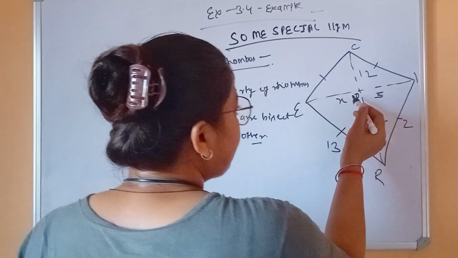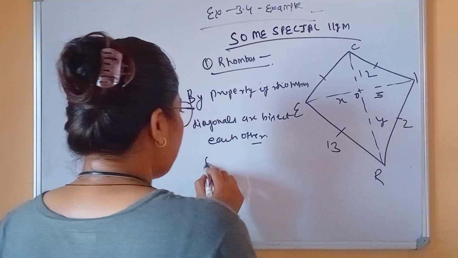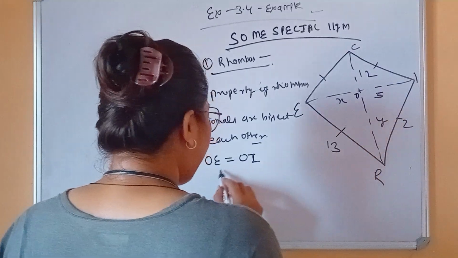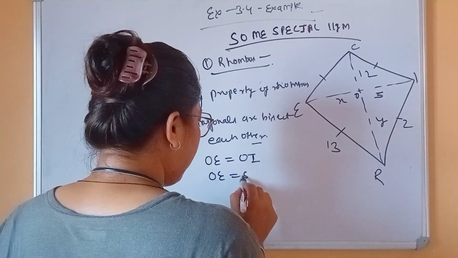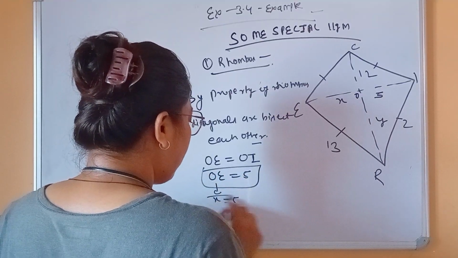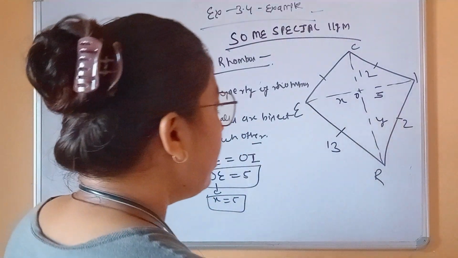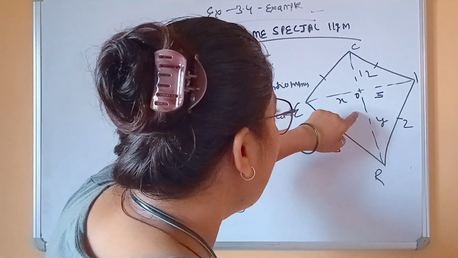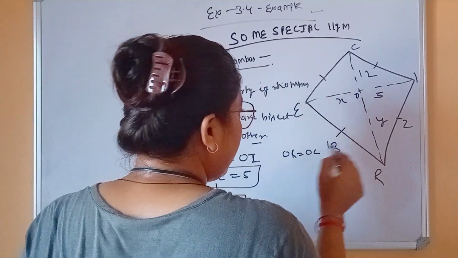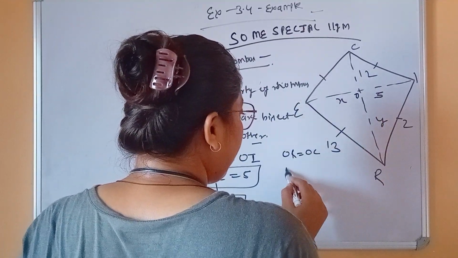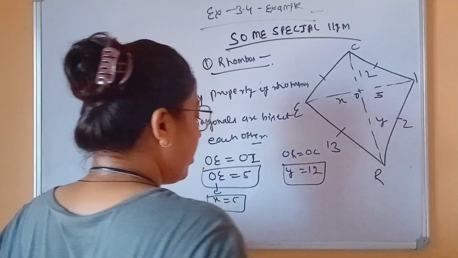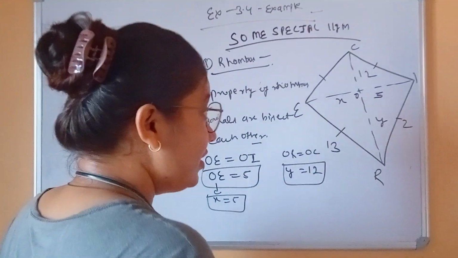That means OE is equal to OI. OI is given as 5, so OE is equal to 5. That means X is equal to 5. Here OR is equal to OC. OR is given as Y, OC is given as 12. So Y is equal to 12.